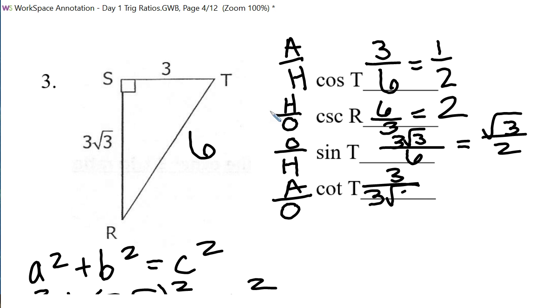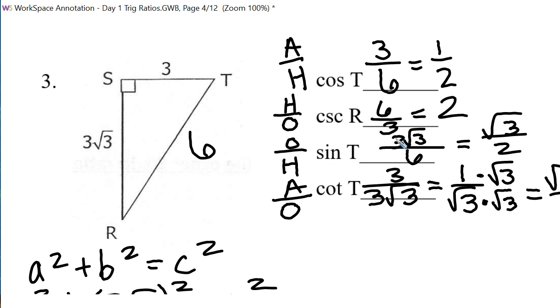What happens with those 3s? They cancel, so this is just 1 over square root of 3. Can I leave a square root in the denominator? No, we need to rationalize that. To rationalize, multiply both the numerator and the denominator by square root of 3. Do not leave radicals in the denominator. So when you simplify, this would be square root of 3 over 3.